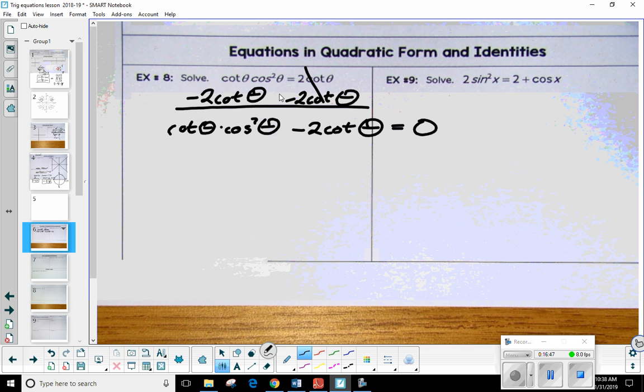Now, Jack is absolutely right. We will be able to use the zero product property again after I do what? After I factor out cotangent. Okay? Because now I have a binomial with a common term. So if I pull out the cotangent, okay, what's that going to leave me?